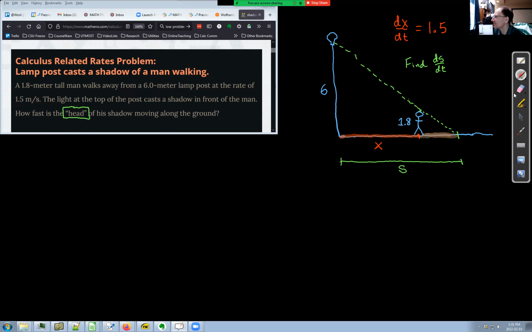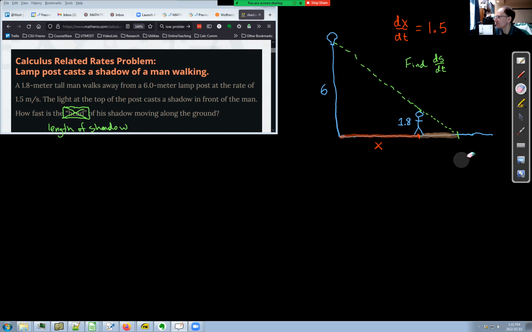So you just have to be really careful, and also be aware that sometimes the problems can change. If this problem was rewritten and it said, how fast is the length of the shadow changing, then the picture I have drawn here that we used for the previous problem would be wrong.